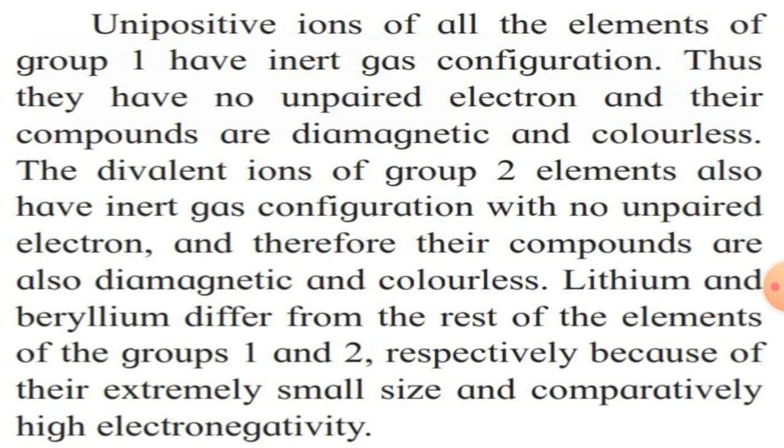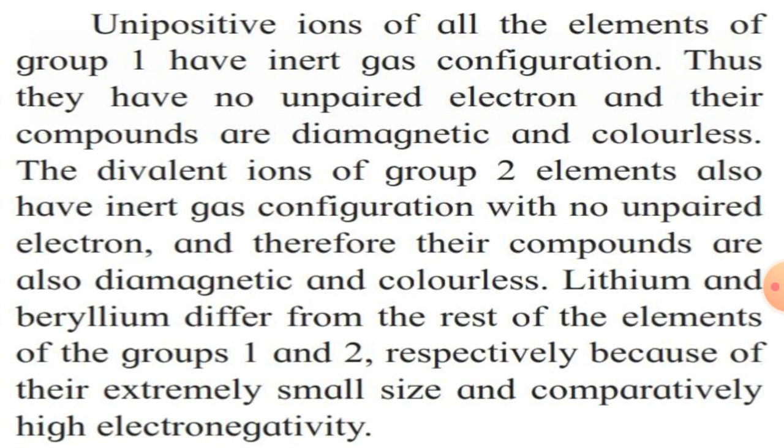Inert gas configuration means similar to the inert elements, group 18 elements, with no unpaired electron. So group 1 and group 2 both are diamagnetic in nature and colorless.